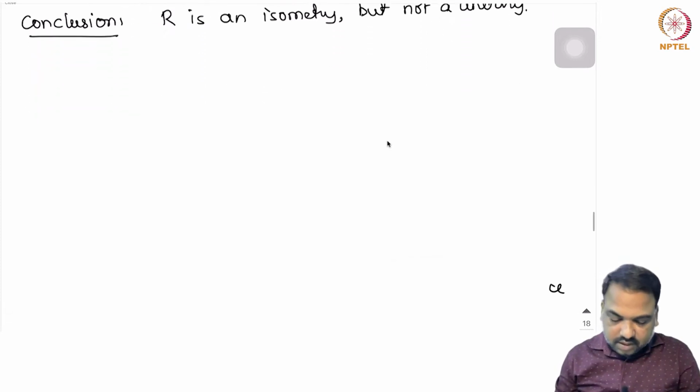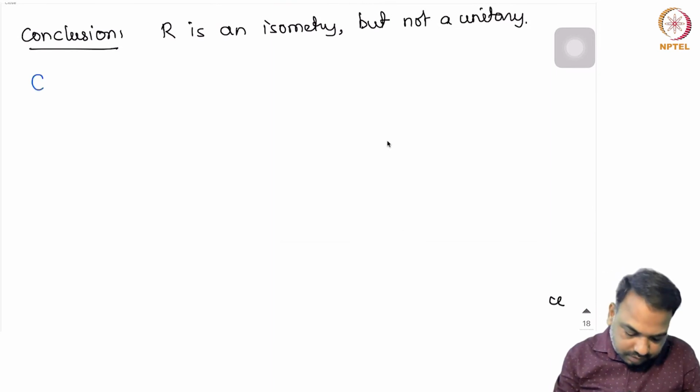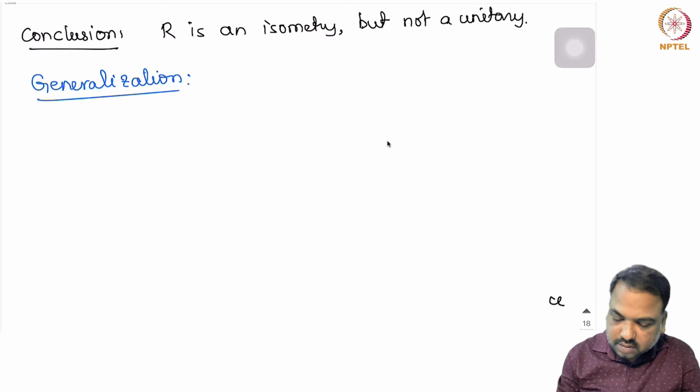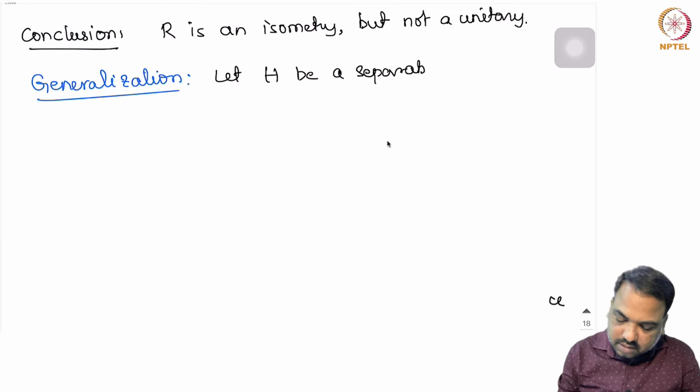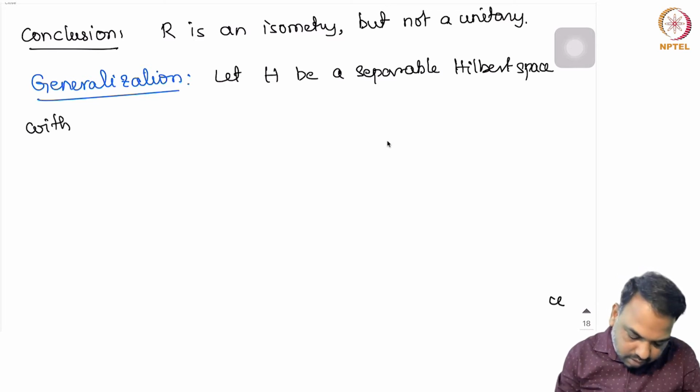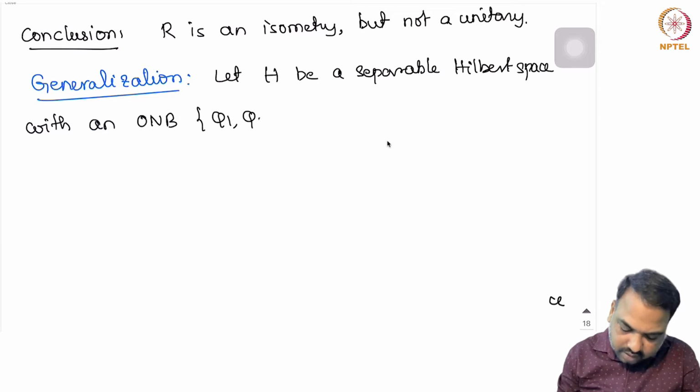Okay, so let us slightly generalize this example to a more general setting. Let H be a separable Hilbert space with an orthonormal basis phi1, phi2, phi3, and so on.